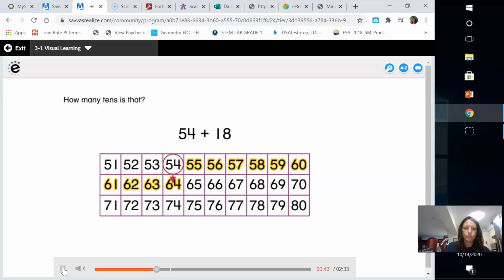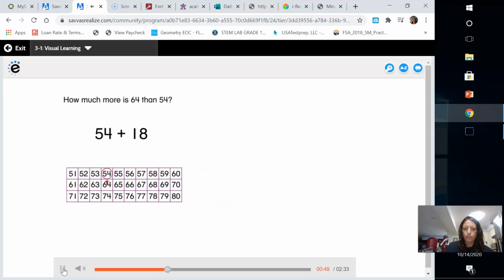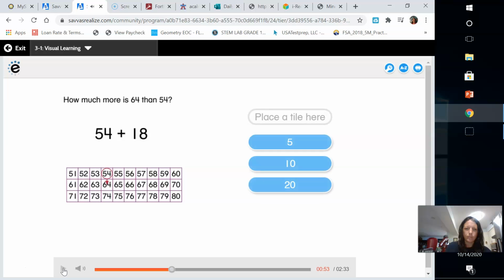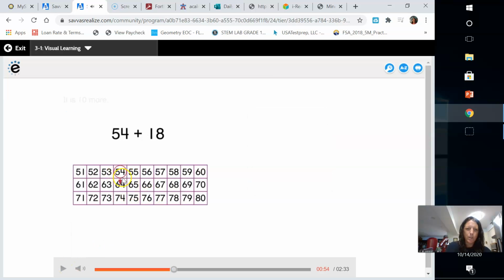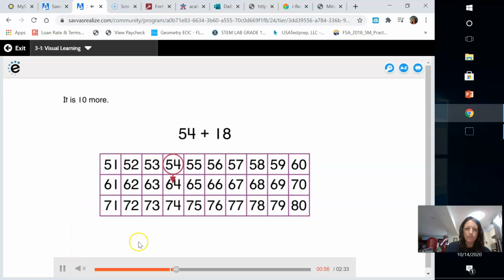How many tens is that? It is 1 ten. How much more is 64 than 54? Okay, so 64, if it's down one row, we know it's 10 more than 54. It is 10 more.